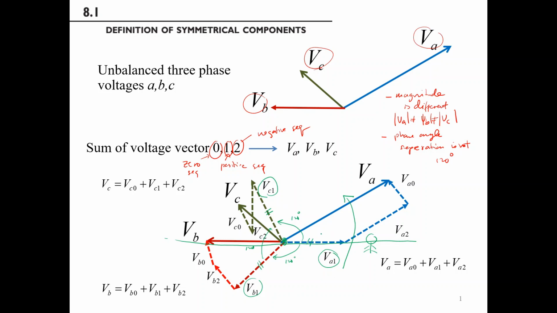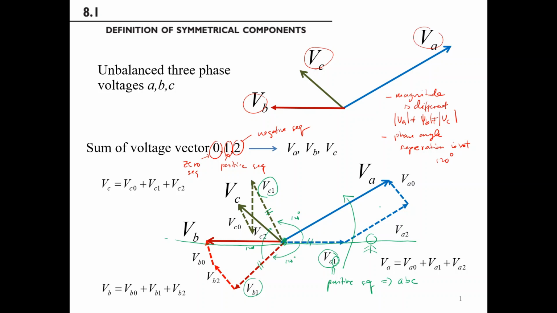So the positive sequence, with subscript 1, is also called the ABC sequence. We are standing at the goal and we rotate in the positive, counterclockwise direction, and you see phases A, B, and C in this sequence.